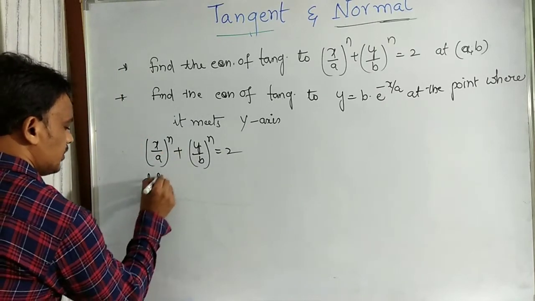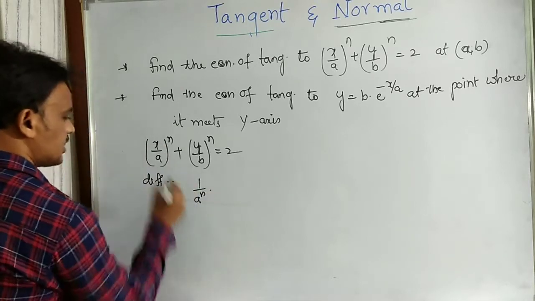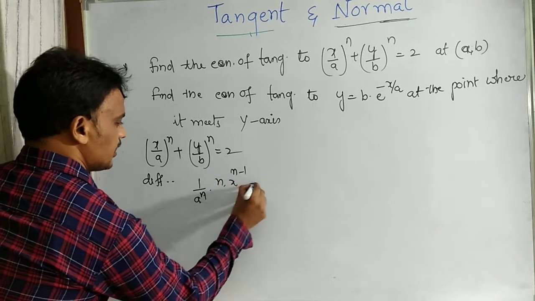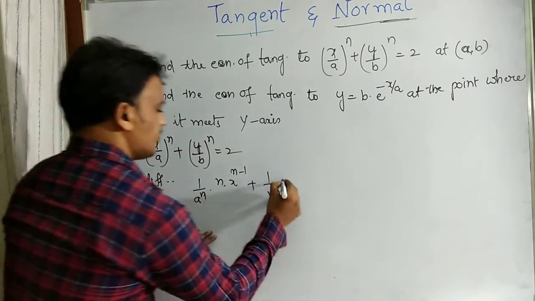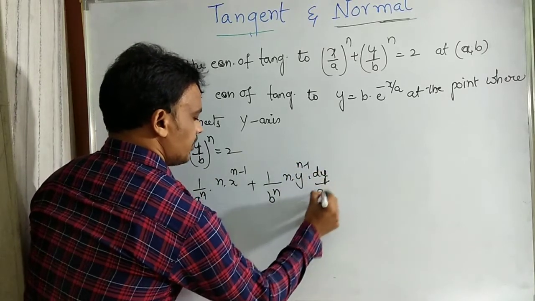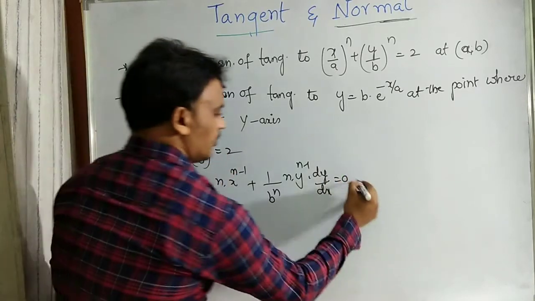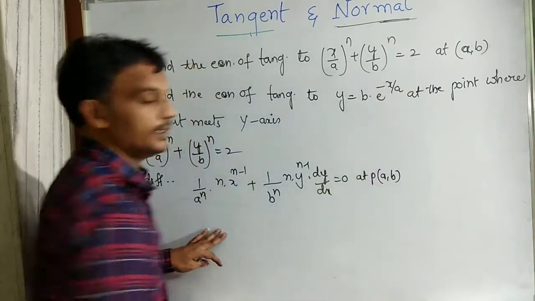So I am going to differentiate it. This is 1 by a power n constant, x power n derivative is n into x power n minus 1, plus 1 by b power n constant, y power n derivative is n into y power n minus 1 into dy by dx, equals 0. Constant derivative is 0. Now at the point P, what is the point P? a comma b.